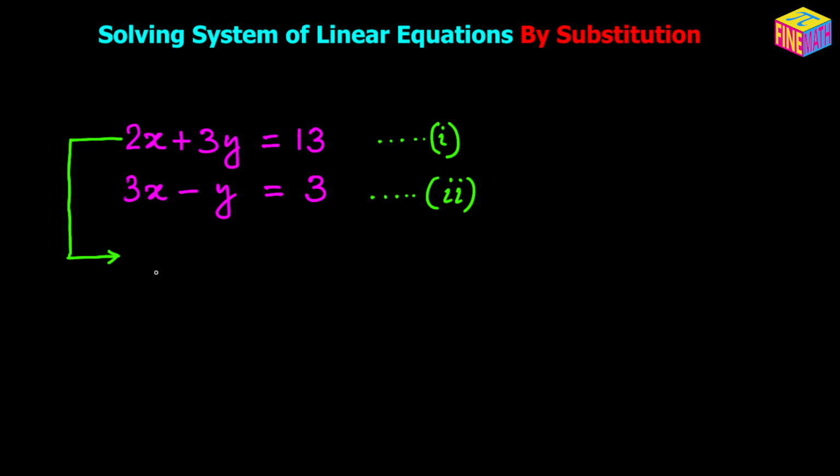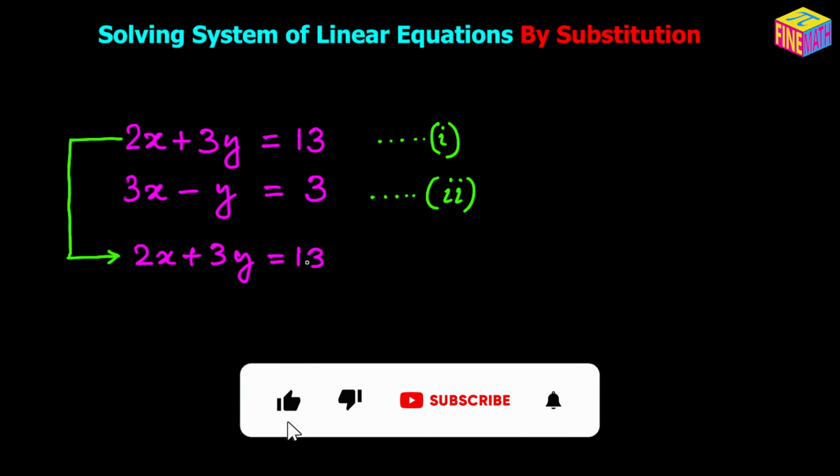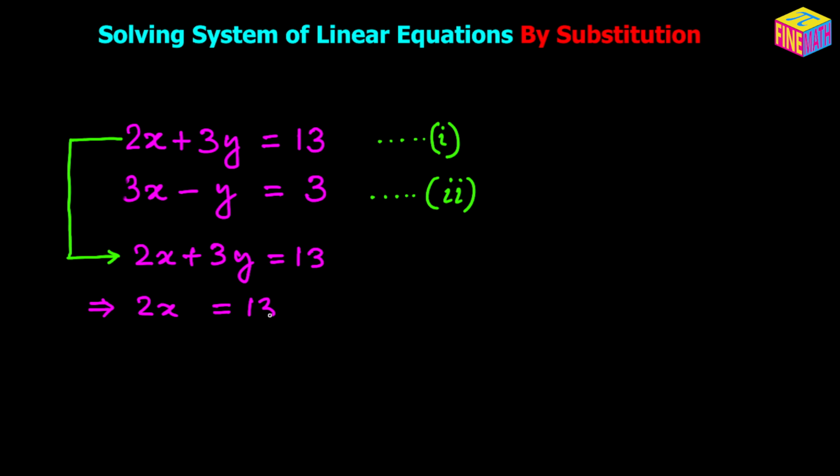Our original equation is 2x plus 3y is equal to 13, and from here, if we keep 2x on the left hand side, that becomes 13 minus 3y, and from here we can say x is equal to 13 minus 3y whole divided by 2.